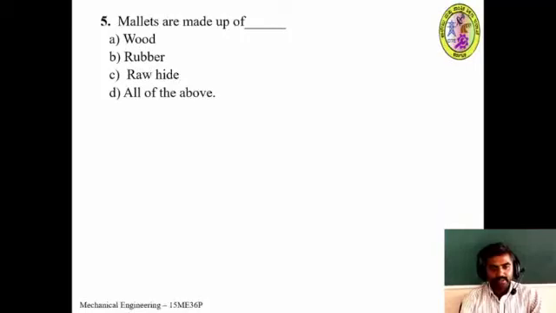The next one: mallets are made up of, A, wood; B, rubber; C, rawhide; D, all of the above. The answer is D, all of the above. So that means mallets are made of wood, rubber and rawhide also.